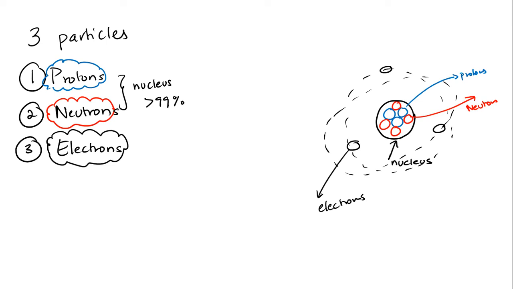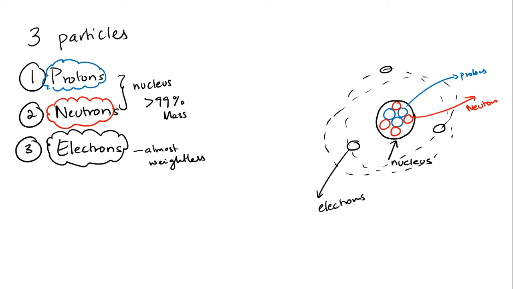So the nucleus is the heaviest, most dense part of the atom. The electrons are kind of just floating around and they're almost weightless. They have a small weight, but they're almost weightless. So the nucleus has larger than 99% of the atom's mass, and electrons are almost weightless.